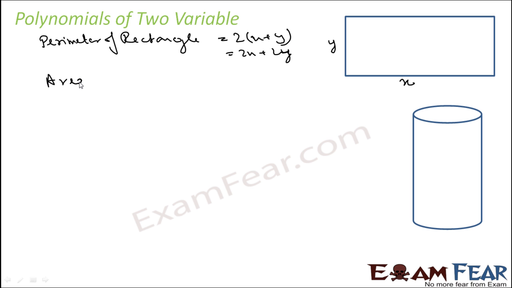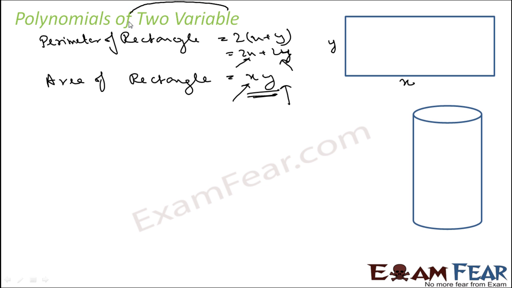And area of rectangle will be x into y. So if you see, this is an expression which has two variables x and y. This is an expression which has two variables x and y. So these are polynomials of two variables.